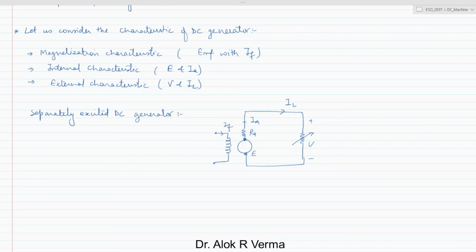Now the field voltage is nothing but IF into RF, and EA, the generated voltage, if you see from here, is nothing but V plus IA into RA.